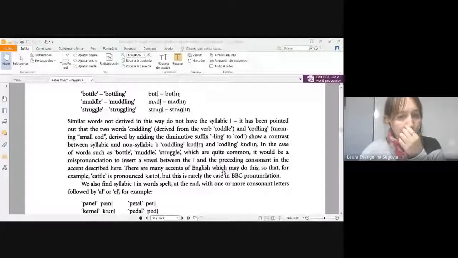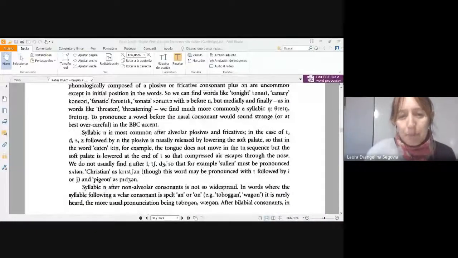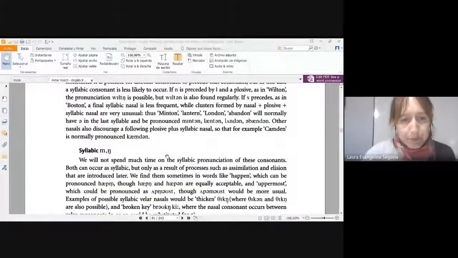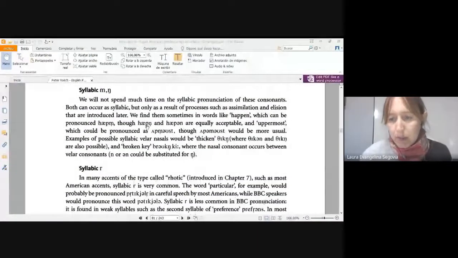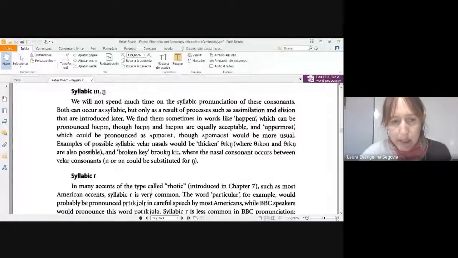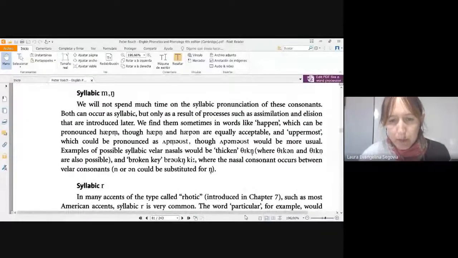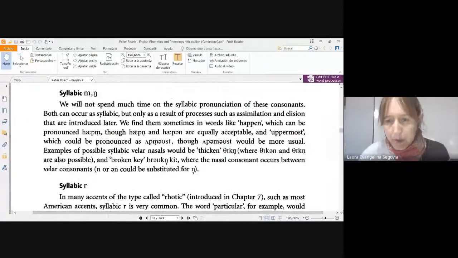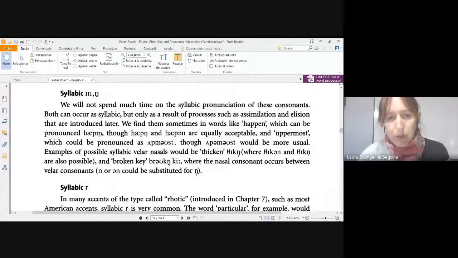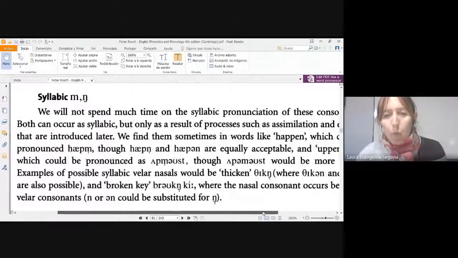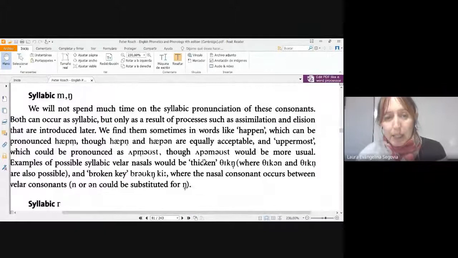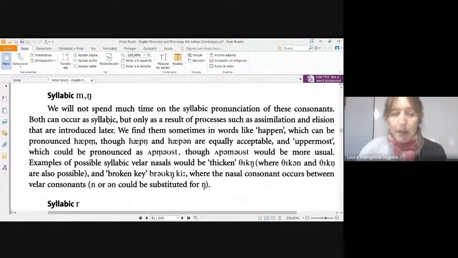We have worked with this. Let's go with these nasal ones. And this is the important part.